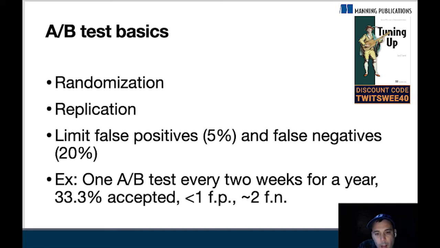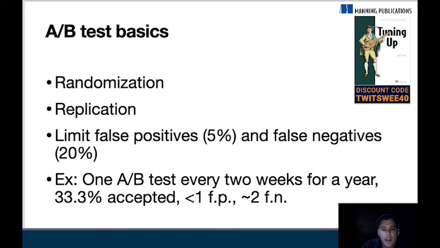So I'm not going to give a thorough treatment of A/B tests here, but I do want to just mention some of the basics. Randomization and replication are key to A/B testing. Randomization says, when I take my new idea B, I don't want to expose it inadvertently to, for example, a subset of users that all have some similar characteristic.